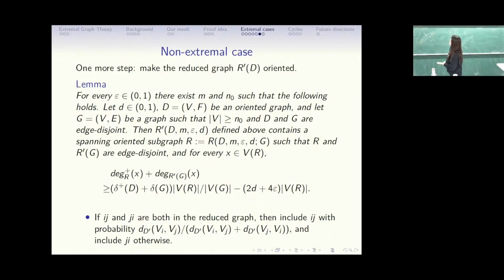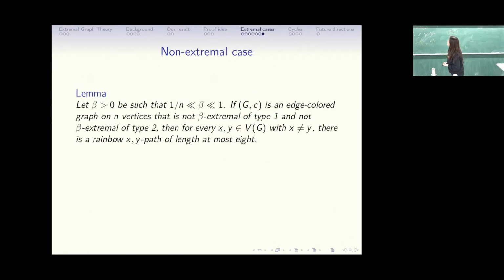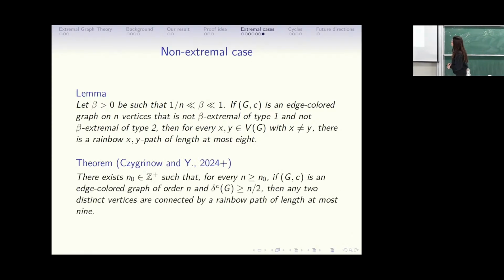So with the structure of the reduced graph, we can show that there is always a rainbow path between each pair of vertices of length at most 8. So here we can get up to 8. Putting them together, case 1 at most 9, case 1 at most 5, case 2 at most 9, case 3 at most 8, we can show that there is always a path of length at most 9.